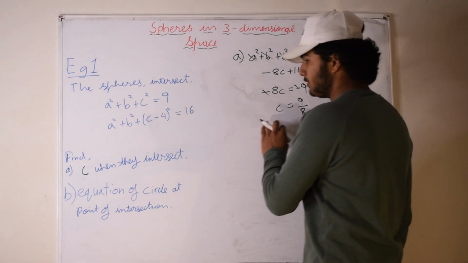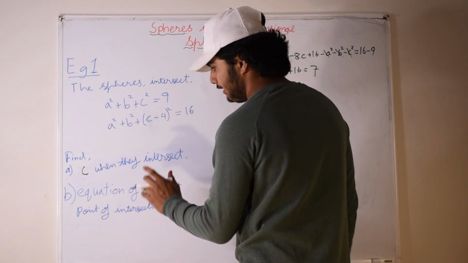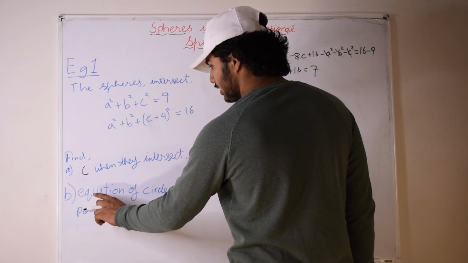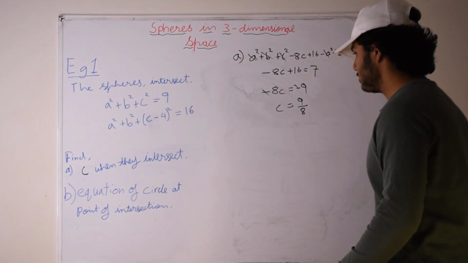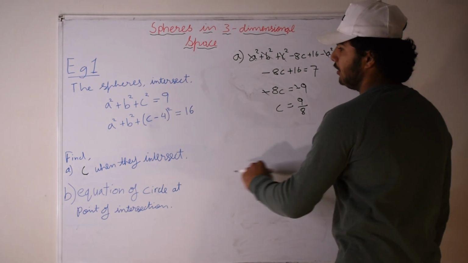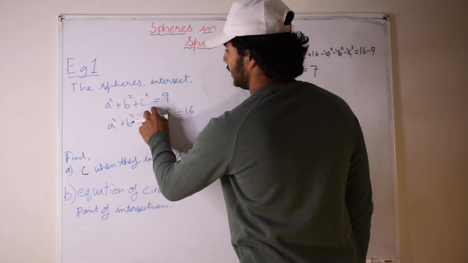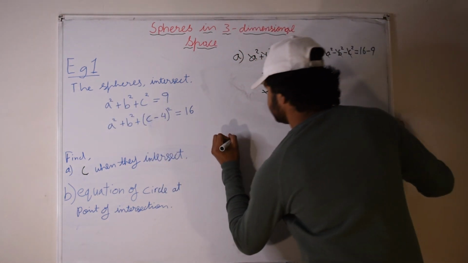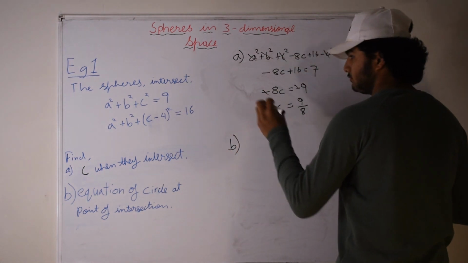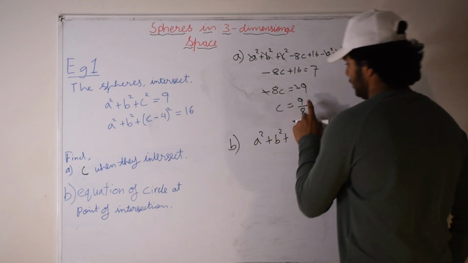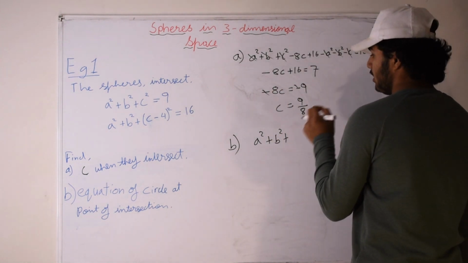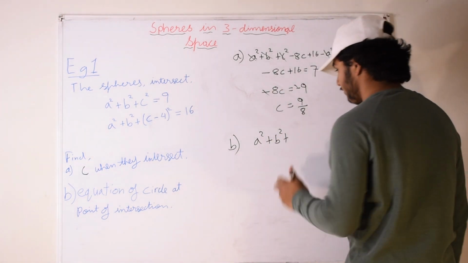Now that we've developed what we got for C, looking at B, it says find the equation of the circle at the point of intersection. So we're going to sub this into this equation right here, the first one. So let's do that. We get a squared plus b squared plus 9 squared, 81 upon 8 squared is 64.